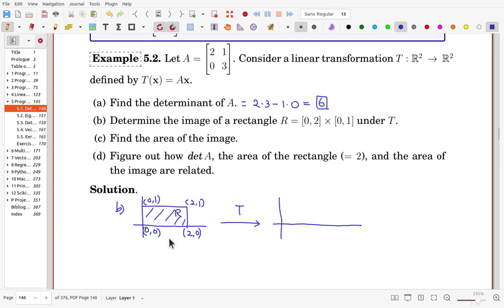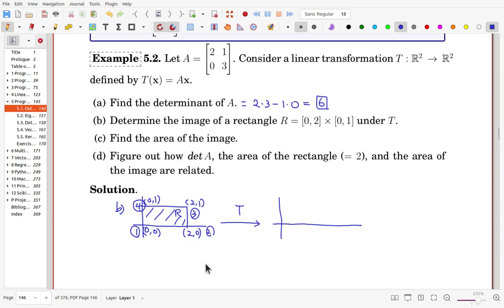So let's try to figure out the image of the corners. Then by connecting the corners in this image, we can get the image of this region. We order the points: this is corner number 1, there is number 2, here there is number 3, and this one is number 4.